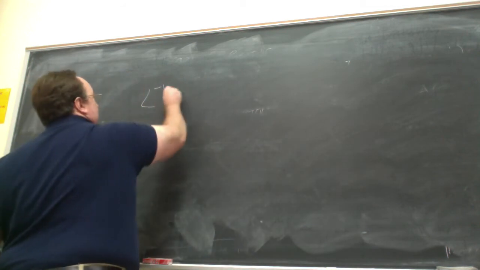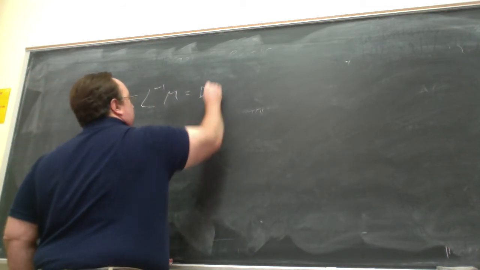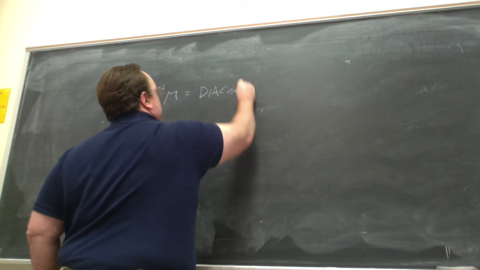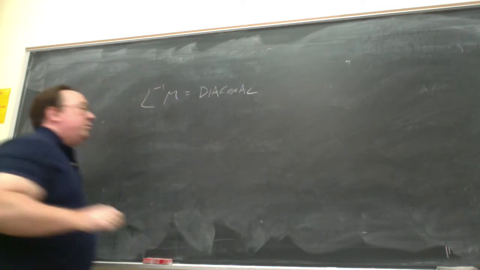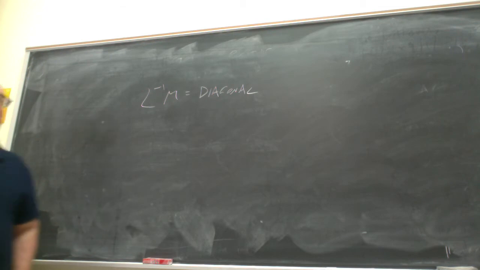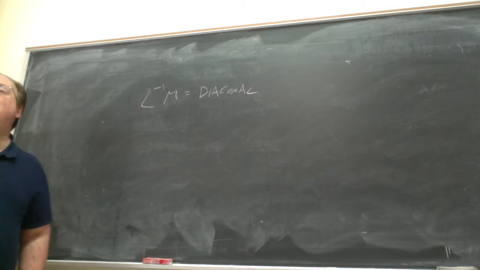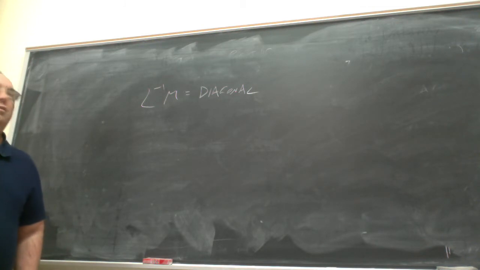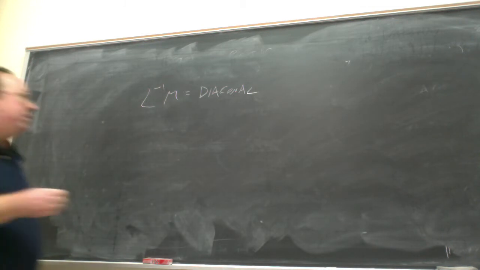So in other words, L inverse M is diagonal. But knowing what we know about the structure of L and M, what are their diagonal entries? They both have diagonal entries equal to 1.